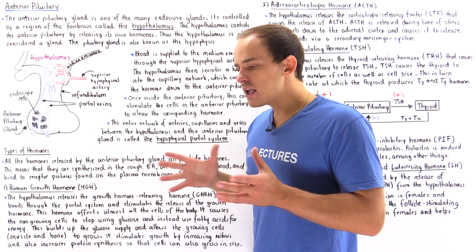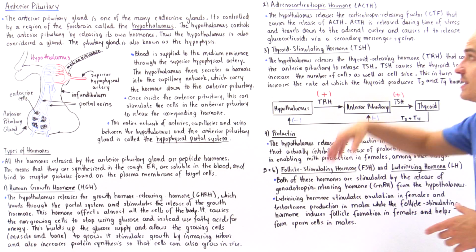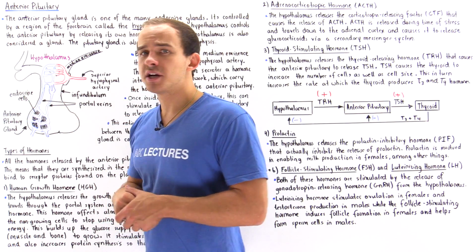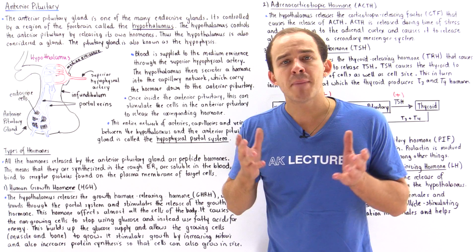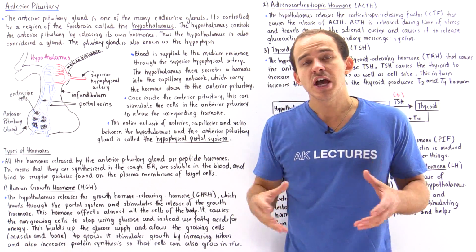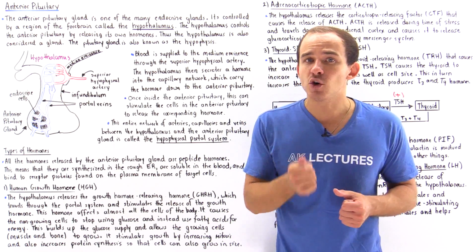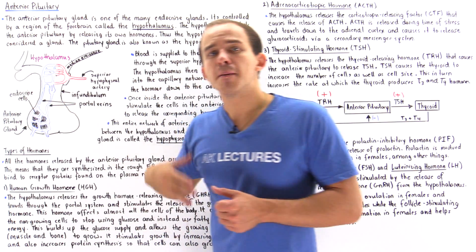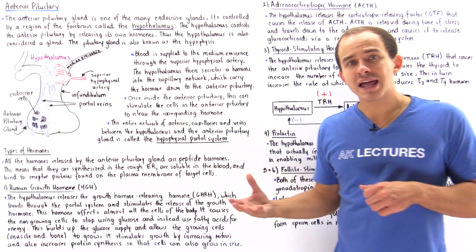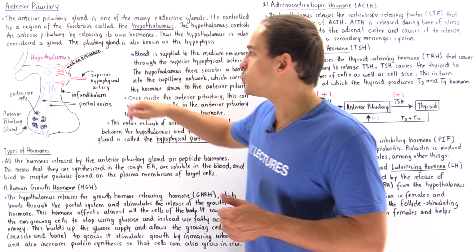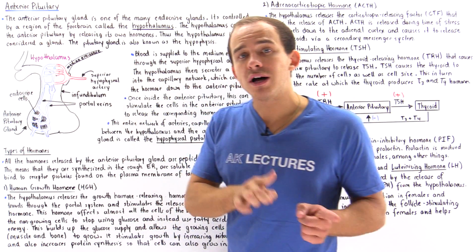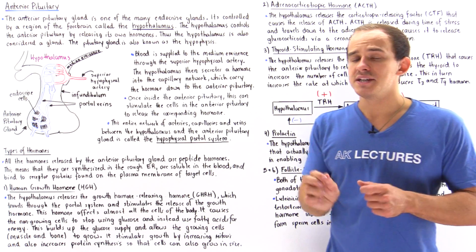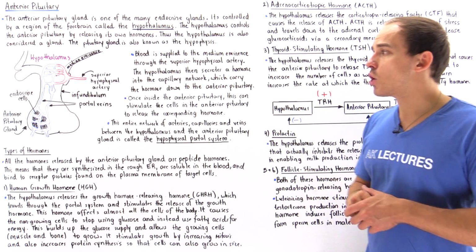Now, the first thing that we should know about all these 6 hormones that are released by the anterior pituitary gland is they're all peptide hormones. That means they're formed in the rough endoplasmic reticulum of our endocrine cells. They are modified in the Golgi apparatus and they are released into our blood system. Now, once they're inside the blood, they are water soluble, and that means they do not need a carrier protein.